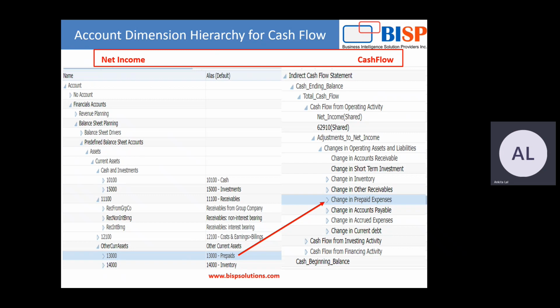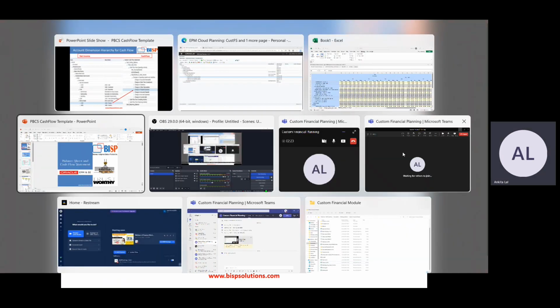The arrow points to the changes in prepaid expenses. We calculate it by subtracting the current period prepaid expenses from the prior period prepaid expenses. I'll show you that.